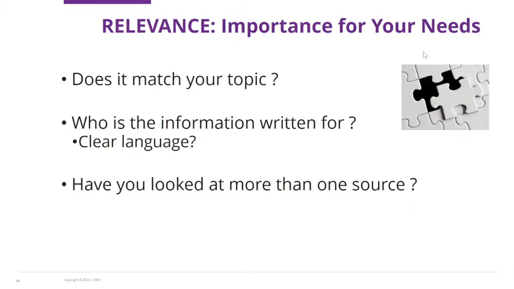Looking at more than one source is always better because then you're getting that diversity of information you are looking for. Another question is, is it really answering your question? Does it match the topic that you're looking for? And who is the information written for? And is the language clear and straightforward? Another thing they also mention is if there are any typos in the language too.